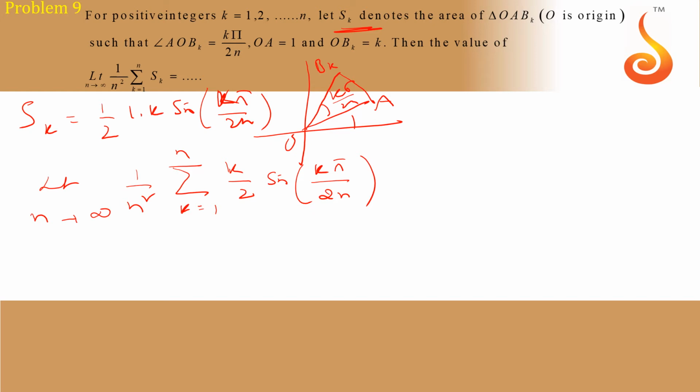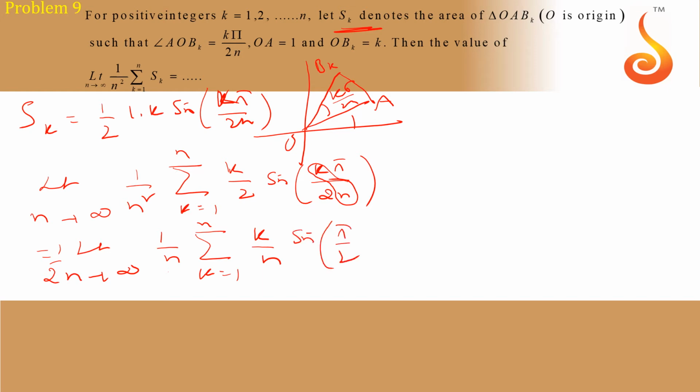So suppose if I take this k by n as x. So this I am writing like this, n tends to infinity, I'll write 1 by n sigma k equal to 1 to n k by n. So this n square is n into n. This 1 by 2 I'll write outside into sine of pi by 2 into k by n.